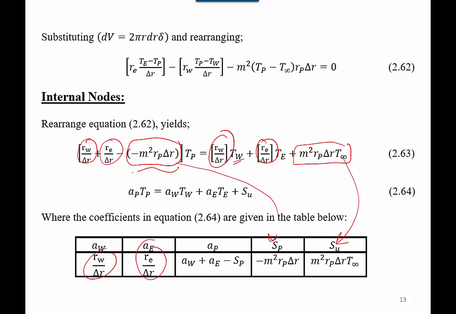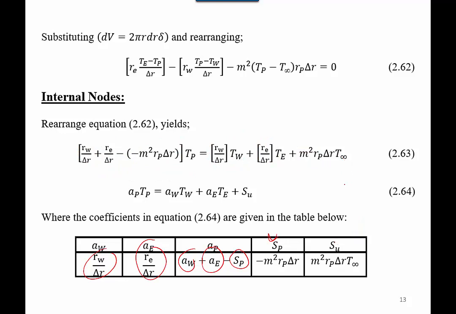Therefore all of this will be A west plus A east minus SP. So we will have the assembly table for the internal node as shown in this table.